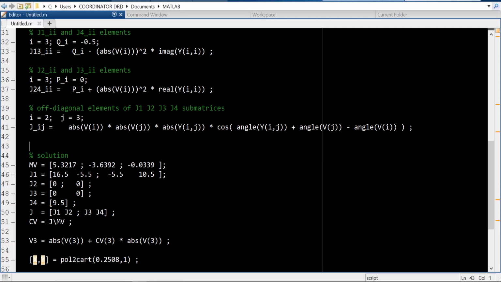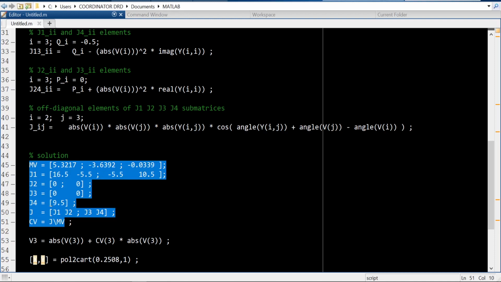And J1, J2, J3, J4: 16.5, minus 0.5, minus 0.5, 10.5. These J2, J3 are 0, 0, and J4 is 9.5. Again I have defined J equals J1, J2 by J3, J4, and finally I am calculating the correction vector CV equals J inverse times the mismatch vector.